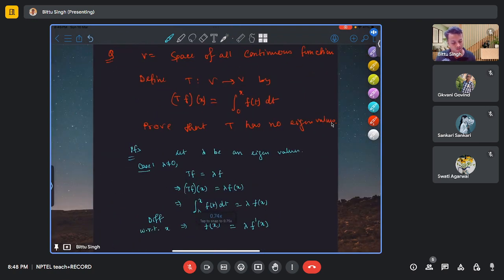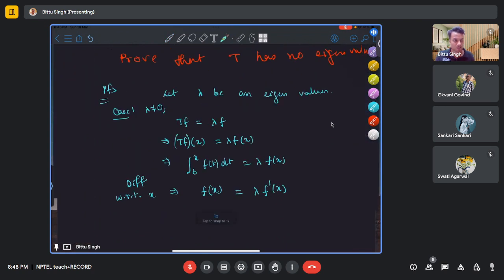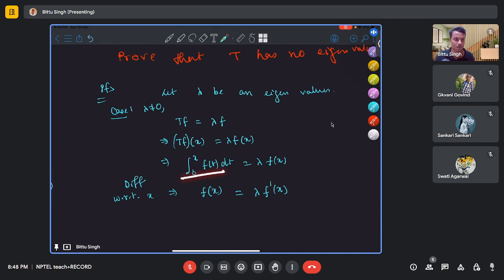Though the space consists of continuous functions, here the left hand side is differentiable. You can check why it is differentiable. So this will imply the right hand side will automatically be differentiable. That's why we can take differentiation of f.